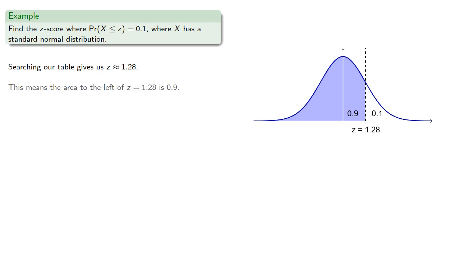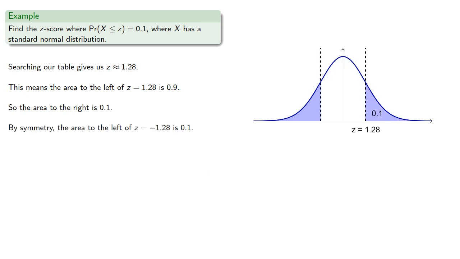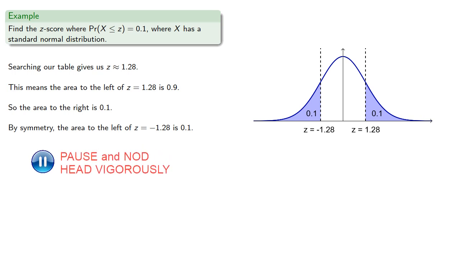This means the area to the left is 0.9, so the area to the right is 0.1, and by symmetry, the area to the left of negative 1.28 is also going to be 0.1. Which means the z-score that we want is going to be negative 1.28.